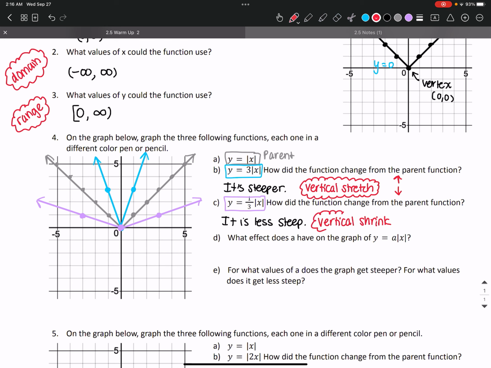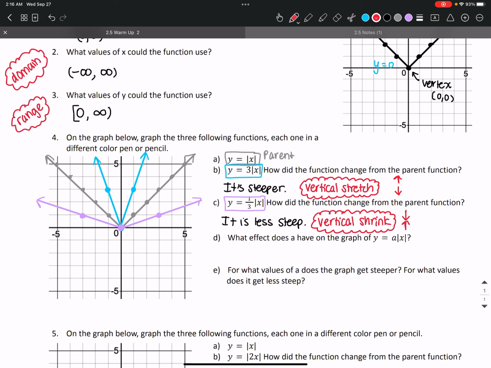And what that means is we're compressing the graph vertically. So it's like we're pushing that V shape. We're squishing it to be flatter.